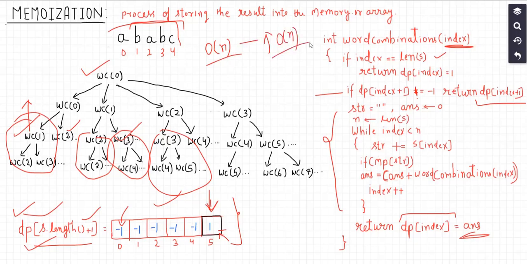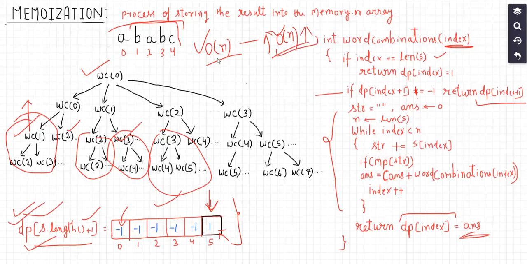It was constant before, but now it is linear. Fine. In recursive code, we do not use extra space, but stack space is consumed, which is used for storing the function calls. Fine. But here I am storing the results in the DP array, so the space complexity becomes linear.